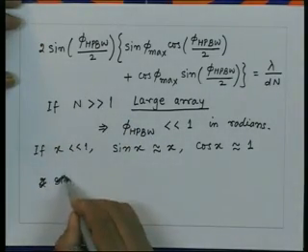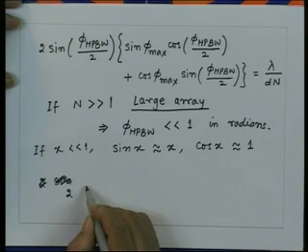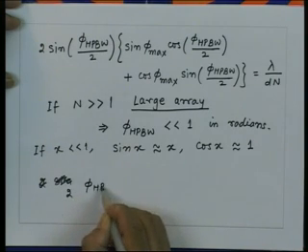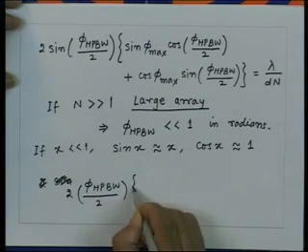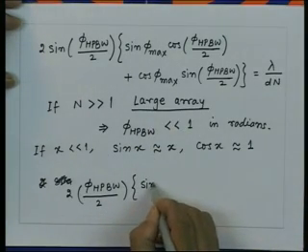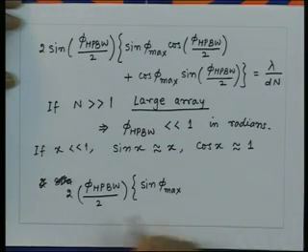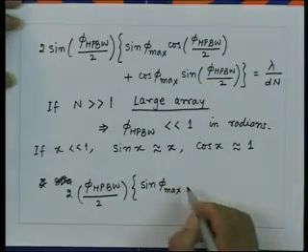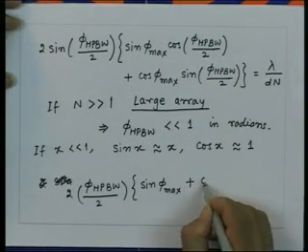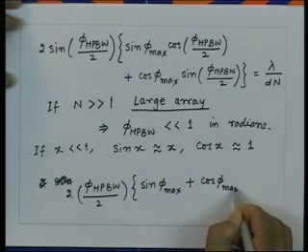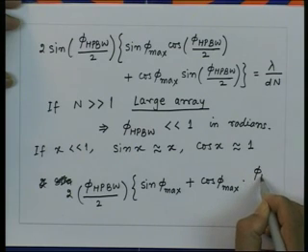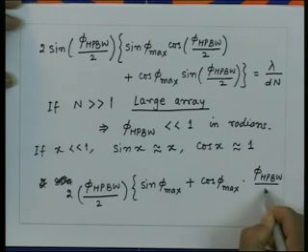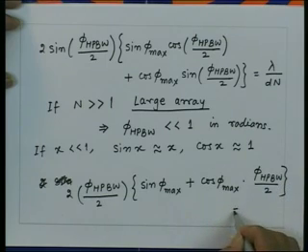So, 2 times half power beam width upon 2, sine of phi max, this quantity is 1, plus cos phi max, and this is equal to phi half power divided by 2. So, this is phi half power beam width by 2, that is equal to lambda upon dn.